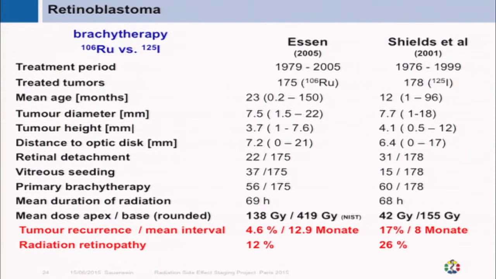The results are different, and they can be explained by different volumes that have been irradiated. So you have a higher risk of radiation retinopathy if you irradiate a larger volume in the eye. If you can reduce this volume, and if it is adequate to the tumor, you can increase the dose to the tumor, and you may also increase the success.